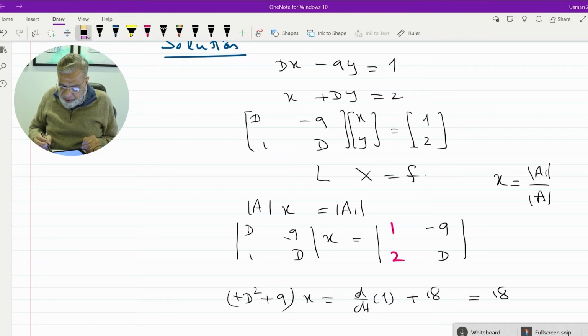Then multiplying, we get D squared plus 9 x is equal to D by dt.